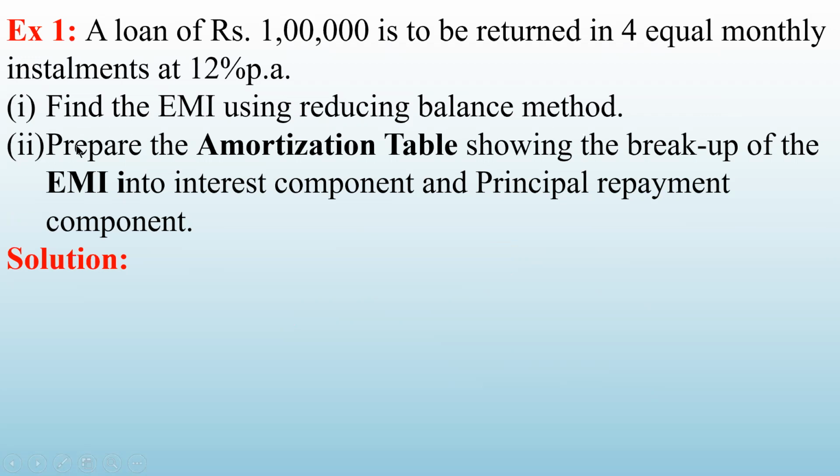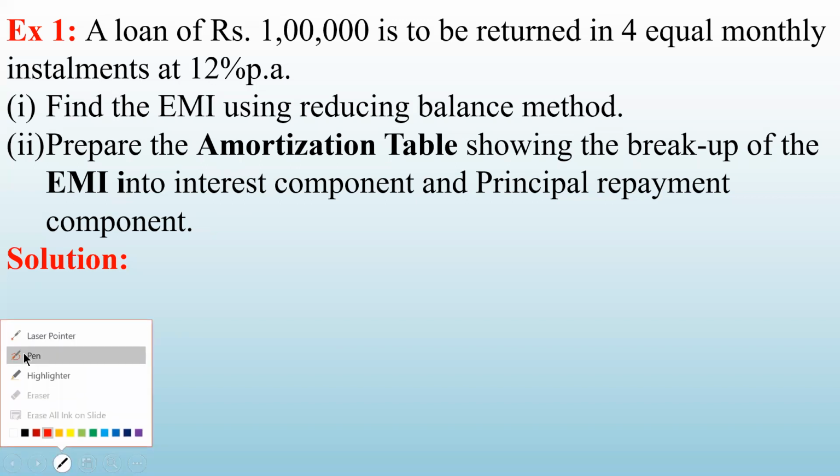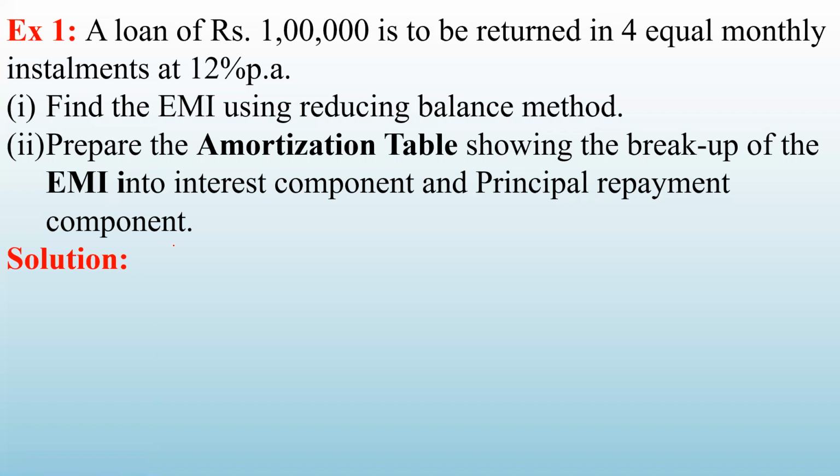And second, you have to prepare the amortization table showing the breakup of the EMI into interest component and principal repayment component. So let us first find out the EMI. Now here, how much loan is taken? 1 lakh rupees. So first of all, let us write down what things are given to us.